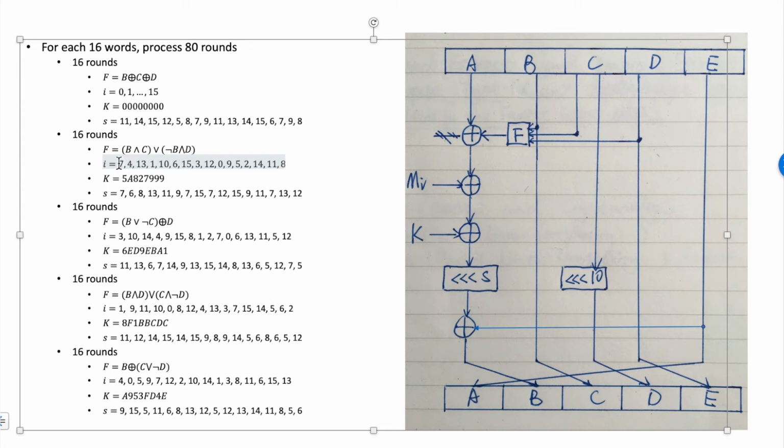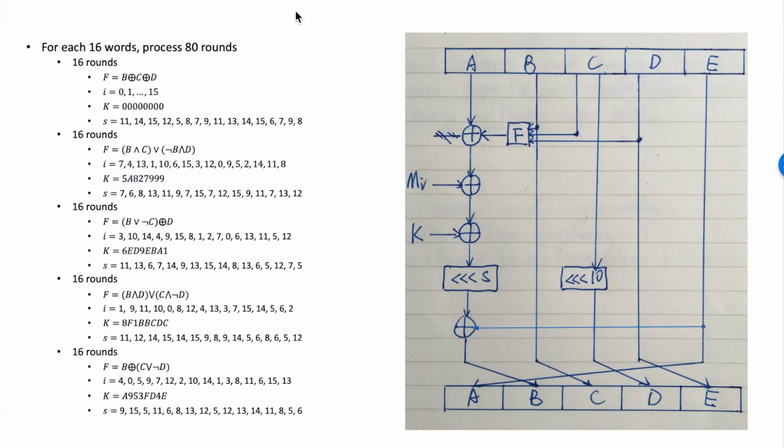So for the first round in these 16 rounds, M7 goes here, and then M4 for the next round. And also the constant K here is not 0, and the shift positions are also different. And we will process the 16 words through all these 80 rounds.